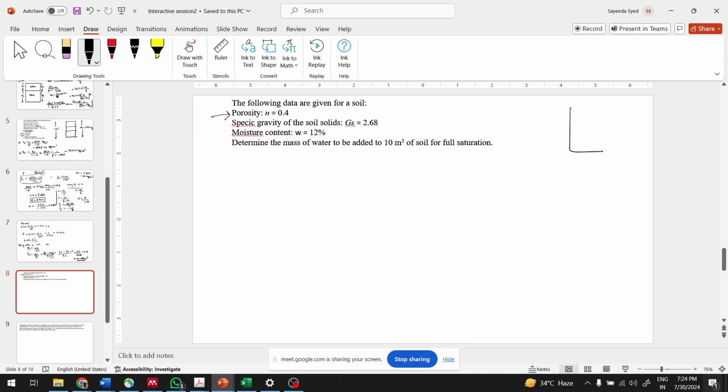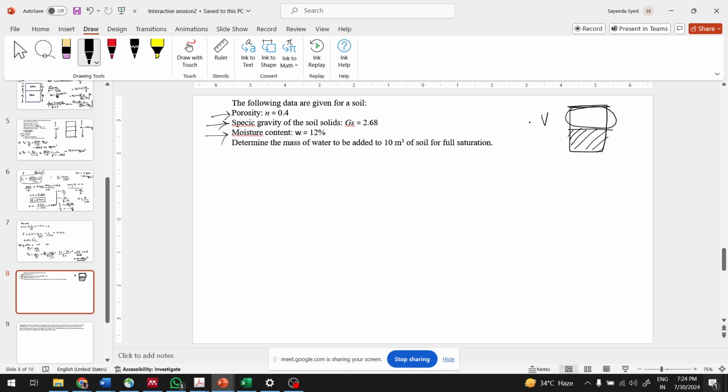Basically, if I give you a soil sample of volume V, how much volume will be occupied by the solids and how much of the volume will be free for occupation by water and air. So you see, we have been given porosity, specific gravity of solids, moisture content, and we need to determine the mass of water to be added to 10 meter cube of soil for full saturation.